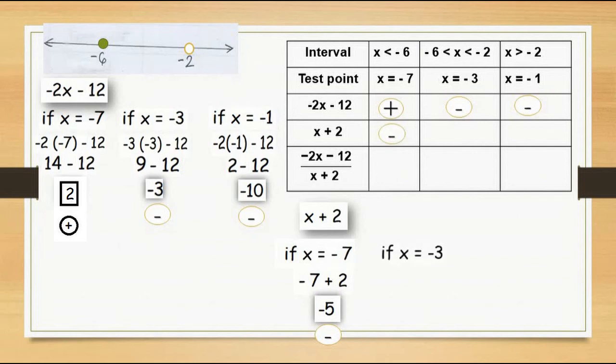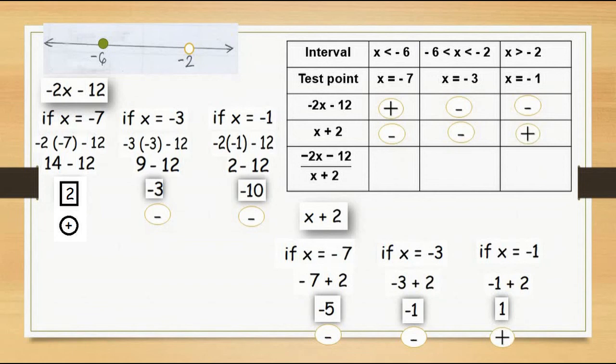Then if x is equal to negative 3, negative 3 plus 2 is negative 1. Negative 1 is a negative number, so you put a negative sign there. If x is equal to negative 1, negative 1 plus 2 is positive 1. So 1 is a positive number, so you put a positive sign there.